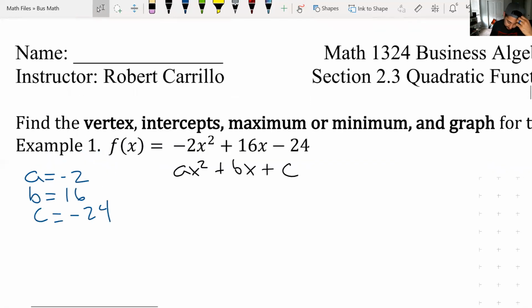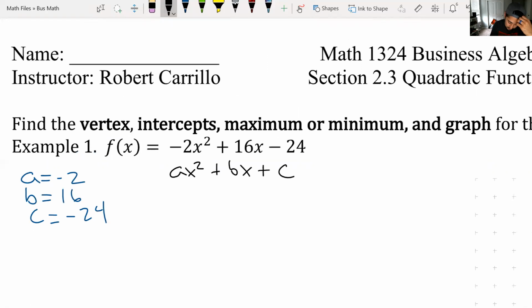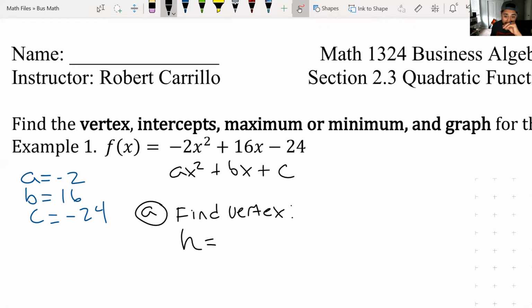So let's say A. Find vertex. And remember, we're looking for the vertex. So the first thing we should do is find H. And to find H, we use that formula on the very first page. H equals negative b over 2a.